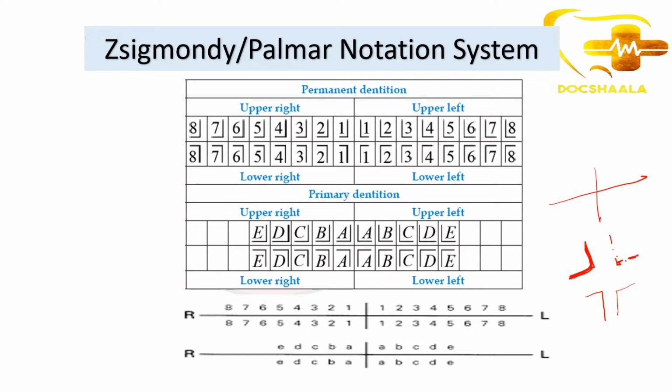This is common for both primary as well as permanent dentitions. As you can see from this chart, when we are denoting multiple teeth, we denote it like this. This is for permanent and this is for primary, and when we are denoting a single tooth, we denote it like this.